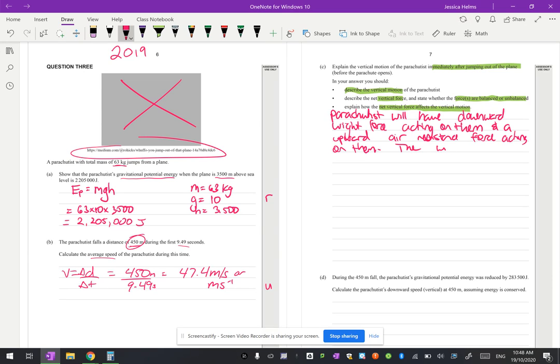The weight force will be greater than the air resistance.